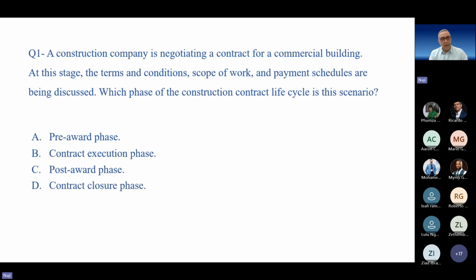The best answer here is pre-award. They are negotiating a contract. Scope of work and payment schedule are being discussed, so it is under discussion. Nothing is signed yet. It is not the contract execution. It is not the closure, definitely not, or the post-award phase. So A is the correct answer.